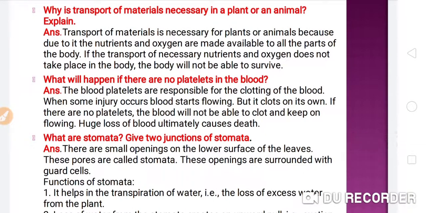If the transport of necessary nutrients and oxygen does not take place, the body will not be able to survive. So this is the need of transportation in plants and animals.